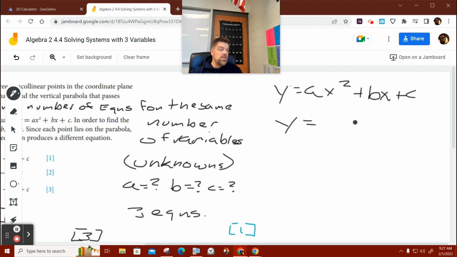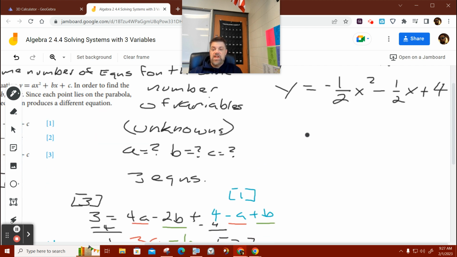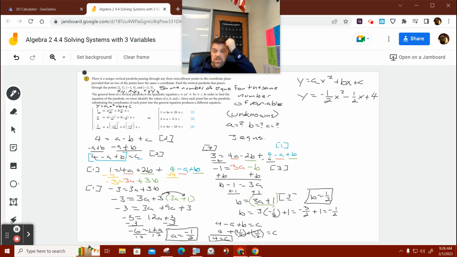So a was negative 1/2 x squared plus b, which was also negative 1/2 times x, plus c, which was positive 4. Okay? So now, I'll zoom this out so you guys can get it all in and write it down in your notes.